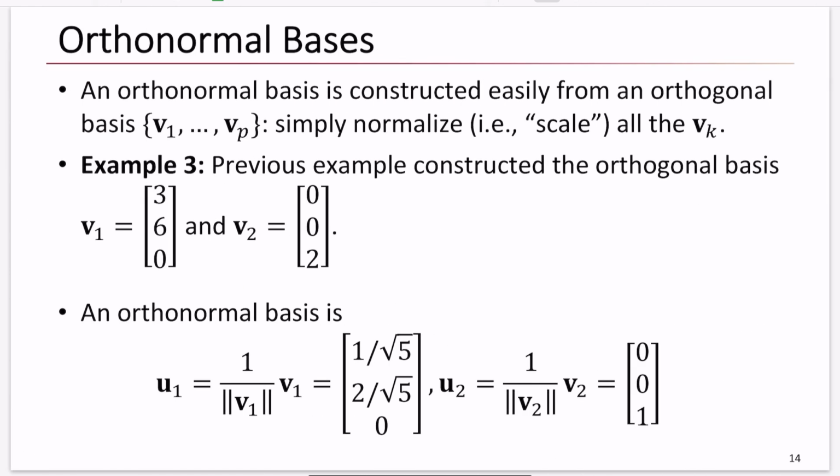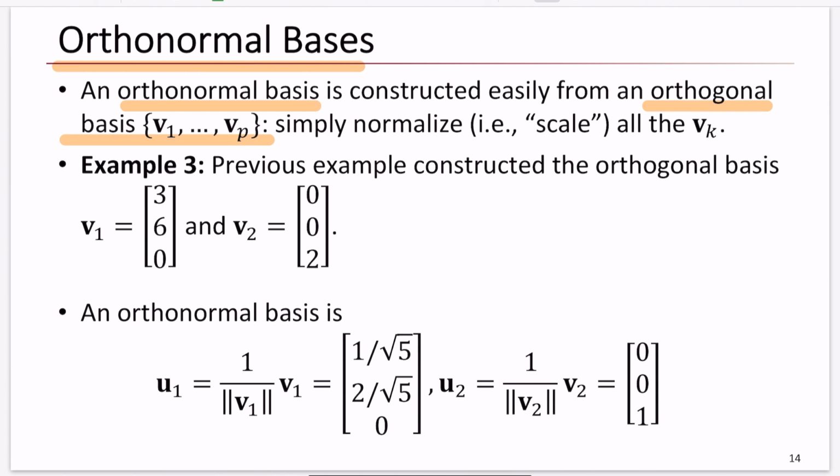This is the Gram-Schmidt process. But in many cases, a problem requires an orthonormal basis instead of an orthogonal basis. We can easily derive the orthonormal basis from the orthogonal basis v1 to vp. How?